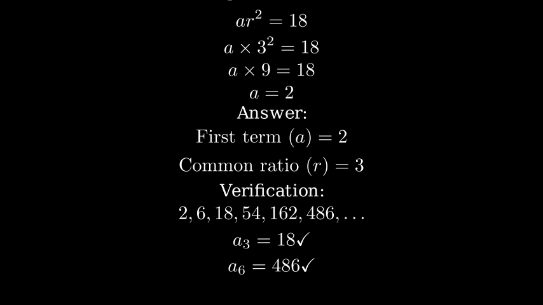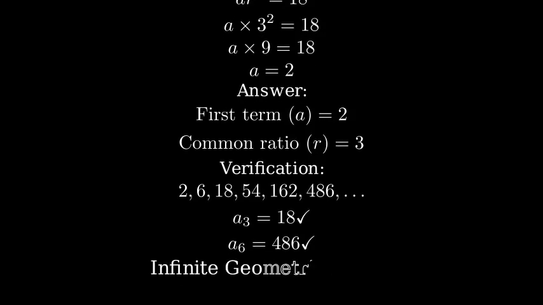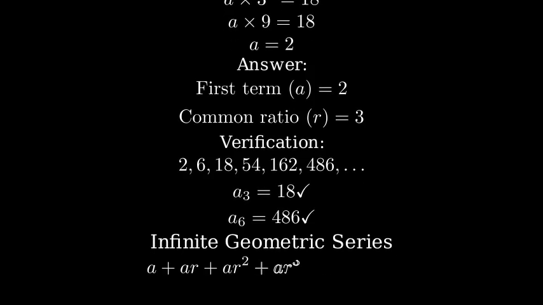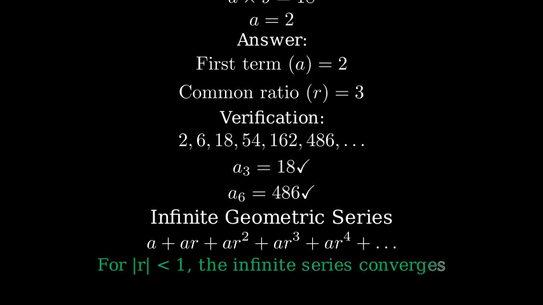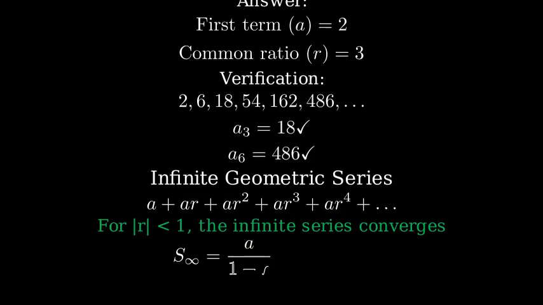Before we conclude, let's briefly discuss infinite geometric series. An infinite geometric series is the sum of all terms in an infinite geometric progression, written as a plus a r plus a r squared plus a r cubed plus, and so on forever. Interestingly, if the absolute value of r is less than 1, the infinite series converges to a finite sum given by a divided by 1 minus r.